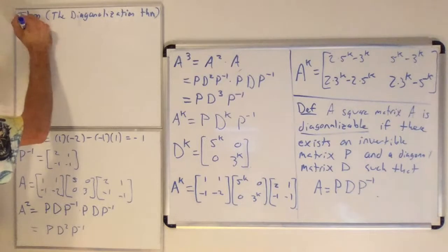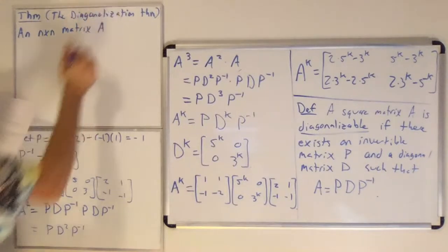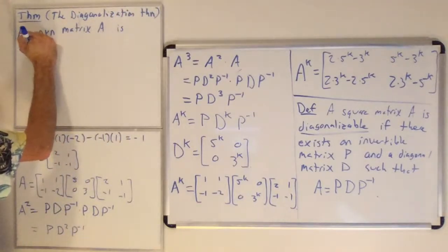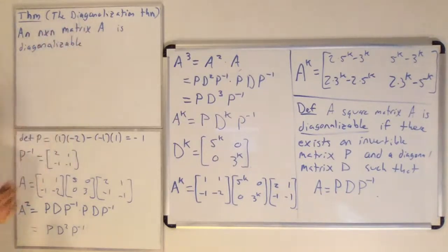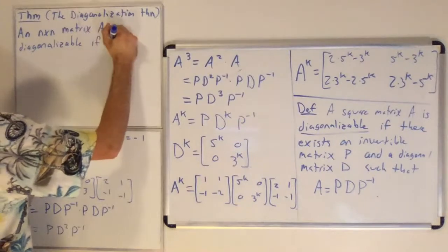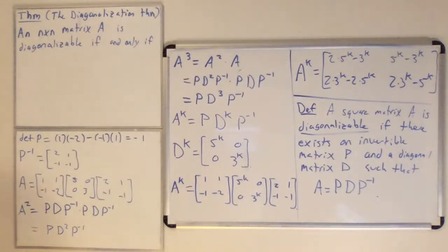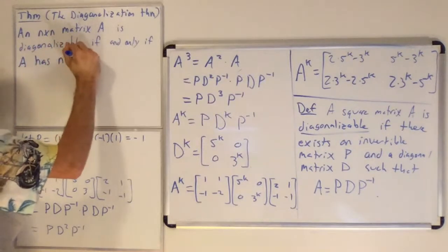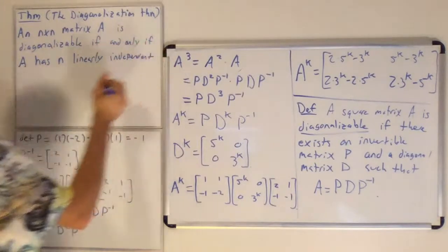And it says an n by n matrix A is diagonalizable if and only if A has n linearly independent eigenvectors.